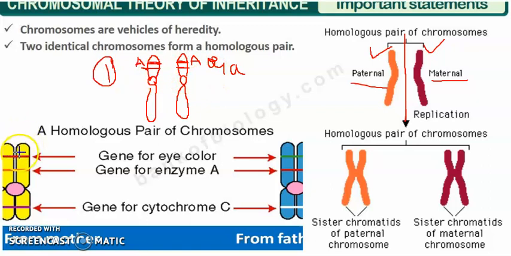Now I will tell you what a sister chromatid is, right? You can see here two chromosomes have been combined together, right? We can see the structure here, this one and this one, and in the same way here also, this one and this one, and they have written it is from mother and it is from father, but we know that only half the set of information is reaching the offspring. Now what is a sister chromatid?